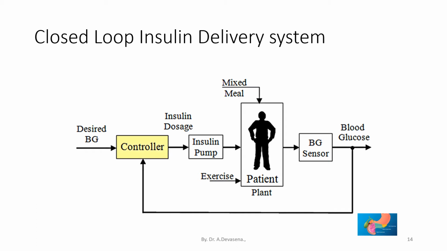The level of the blood glucose for the patient is monitored and it gives the output to the controller. Now the controller compares the blood glucose level and the desired blood glucose, and accordingly it acts. That is why this representation is called the closed loop insulin delivery system.